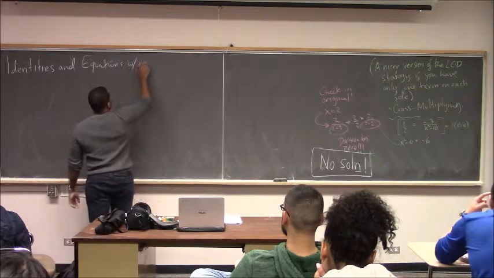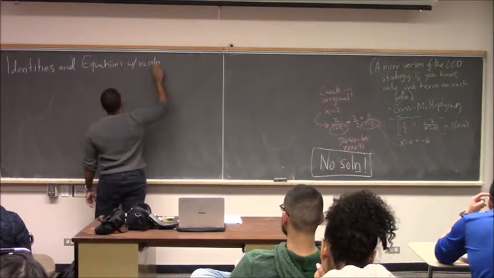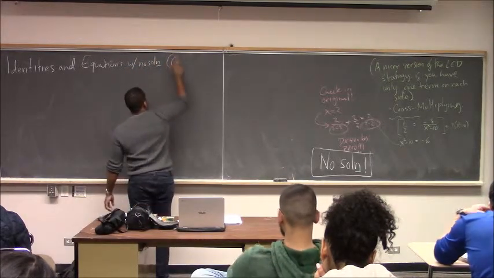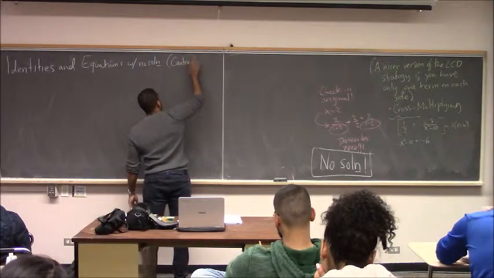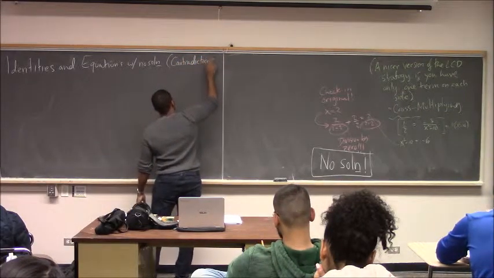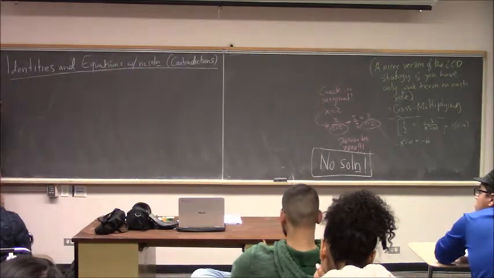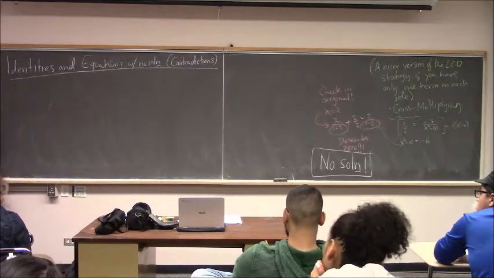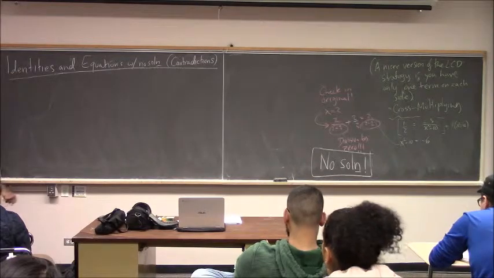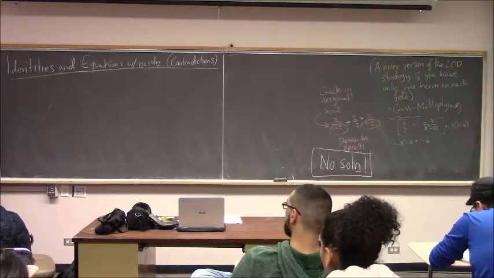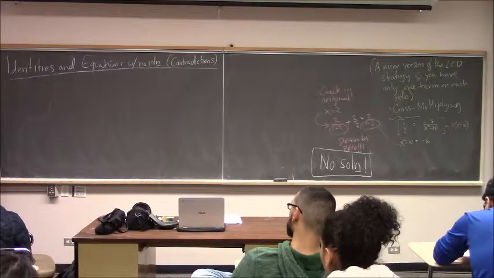I don't know if I want to say equations with no solutions, or I probably refer to these guys as contradictions or something like that. And we'll even talk about trig identities in this class, but that's a very popular kind of identity. But identities is a more general term.